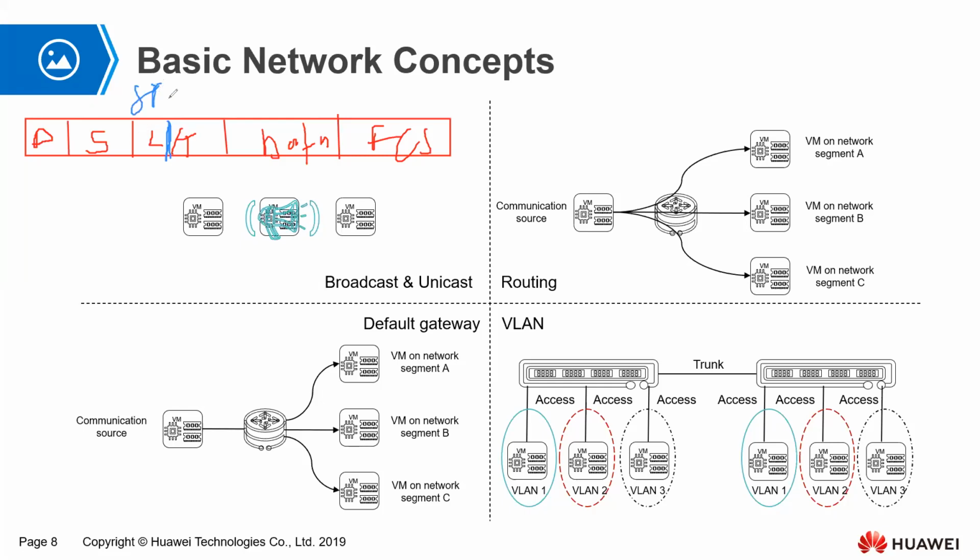The 802.1Q, or usually they just call it the tag field. So the tag field is 4 bytes long, and this tag field is what we use to identify where this frame is coming from. Is it either tagged or untagged?